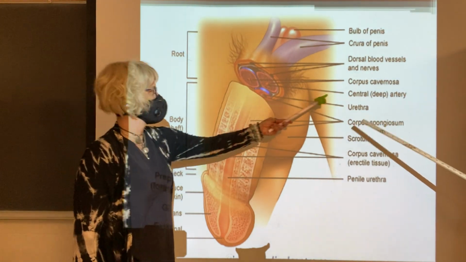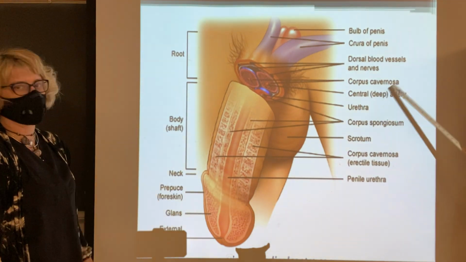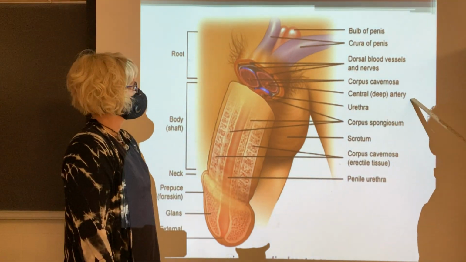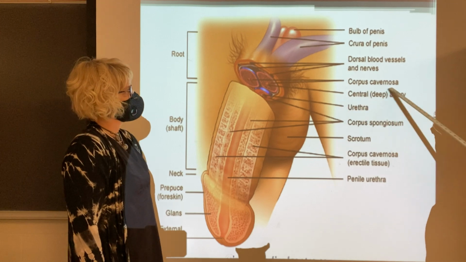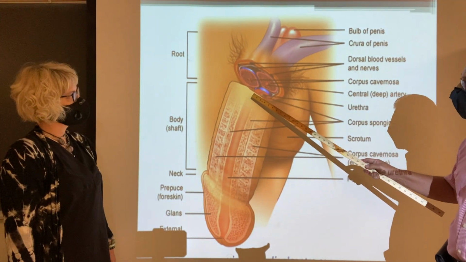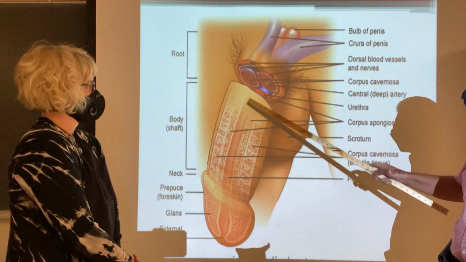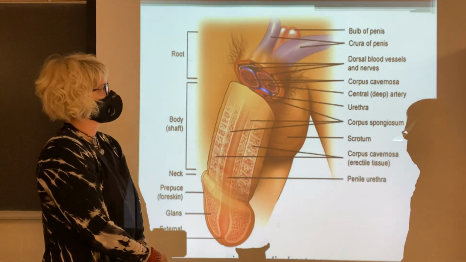I guess you can talk about the main artery in the penis. That would be the central artery. When we talk about arteries themselves, the blood supply is the major factor that will allow for erection to occur.